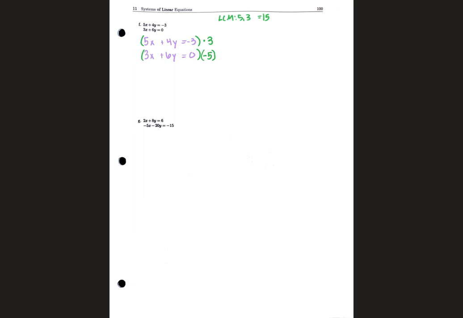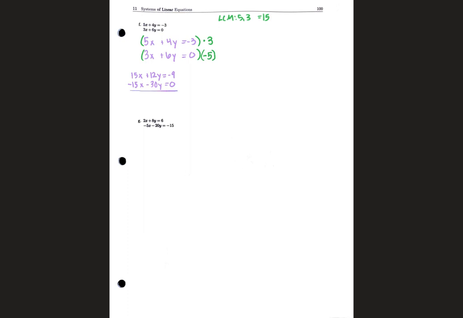So I'm going to multiply through my numbers. I've got 15x plus 12y equals negative 9, and negative 15x minus 30y equals 0. Darn it.